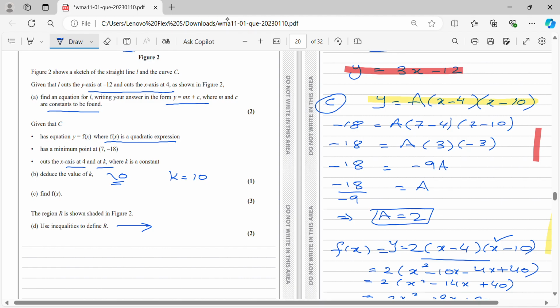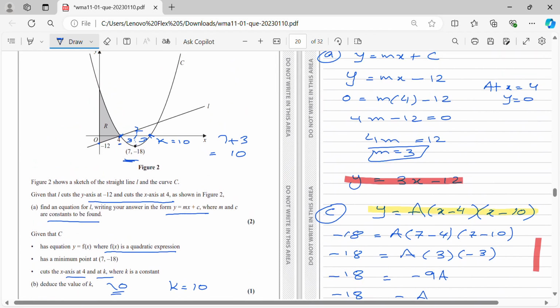If you look at the region here, the region is shaded above the line, so it means this is greater than or equal to.